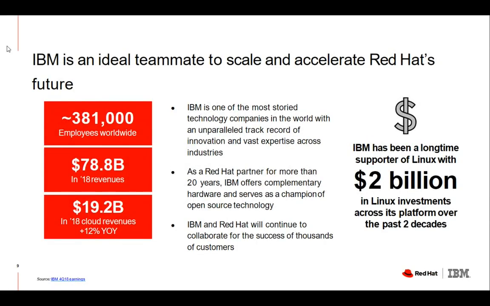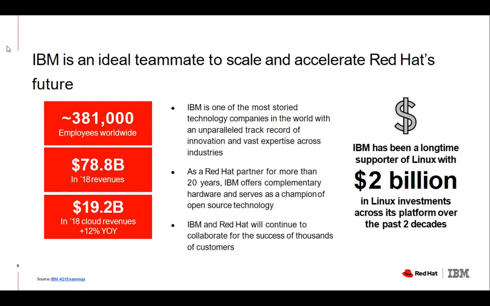IBM is an ideal teammate to scale and accelerate Red Hat's future. IBM, being one of the pioneers in the industry in mainframe technology, is one of the most storied technology companies, as it is said. They have an unparalleled track record of innovation across industries. The reach of IBM is far more than Red Hat had in the past.